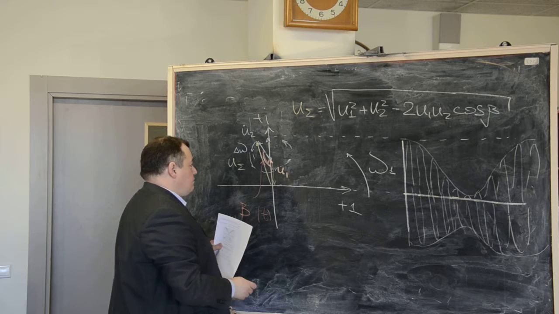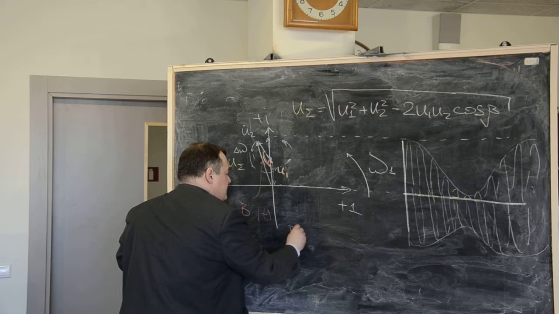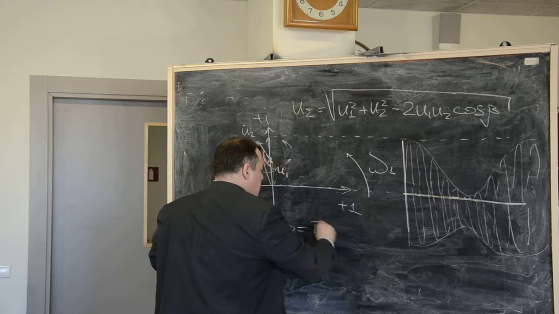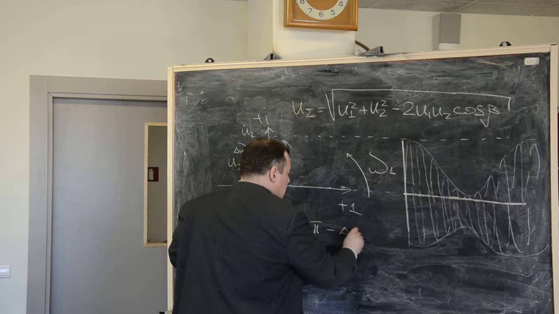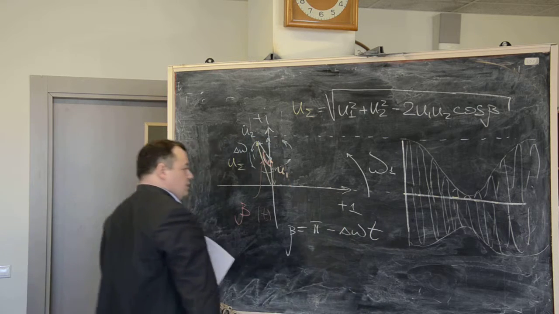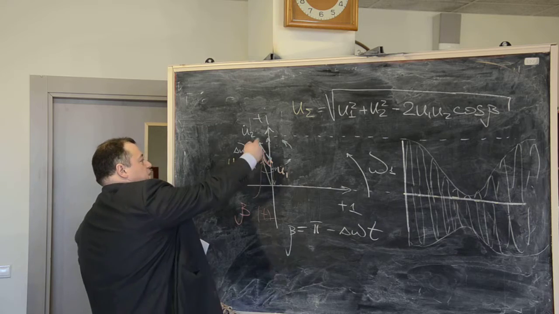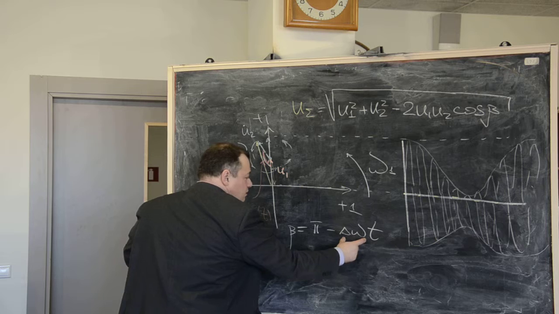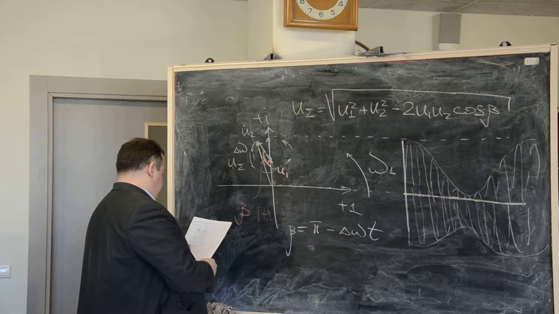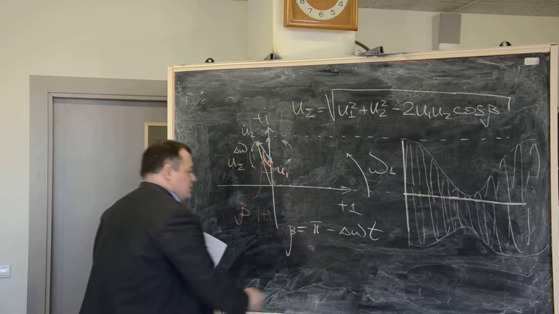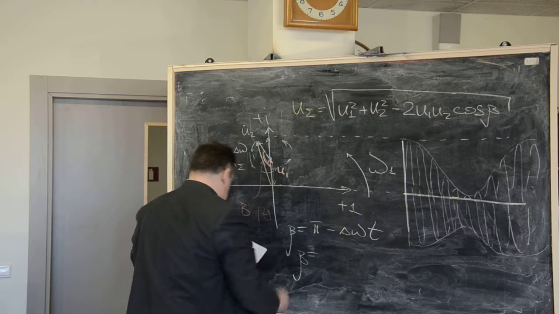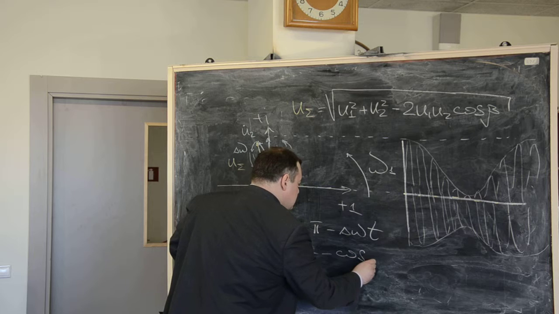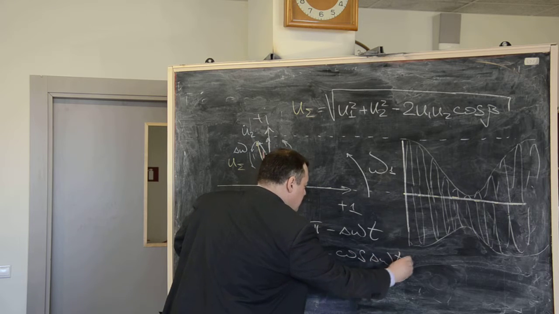But beta itself is nothing else than pi minus delta omega multiplied by T, because this vector rotates with the speed delta omega. That's why beta can be marked as minus cosine omega T.